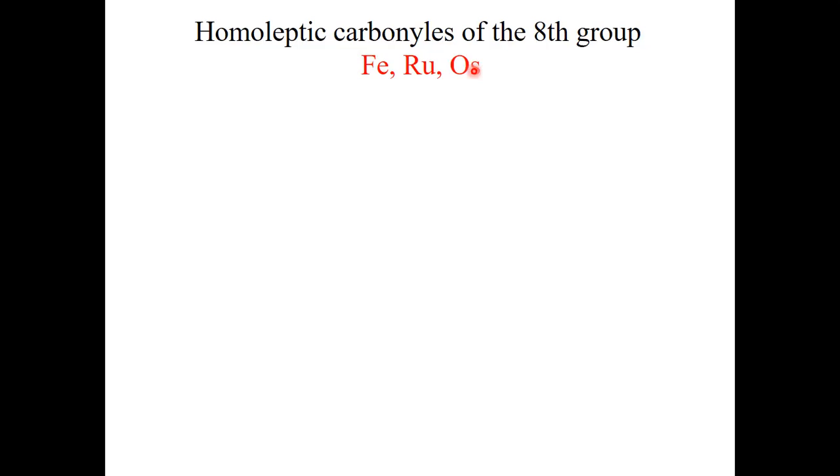Well, we can again apply the 18-electron rule to determine this. We need 18 electrons. The metals, in this case, contribute 8 electrons because they are group 8 metals. They have 8 valence electrons. Again, the charge of the carbonyl shall be 0. The number of ligand electrons that we need to go from 8 to 18 is 18 minus 8, which is equal to 10.